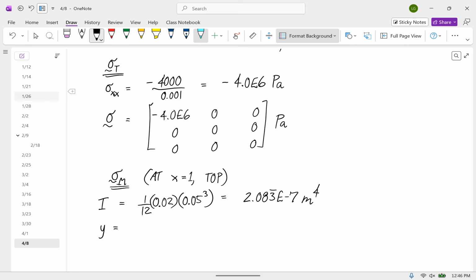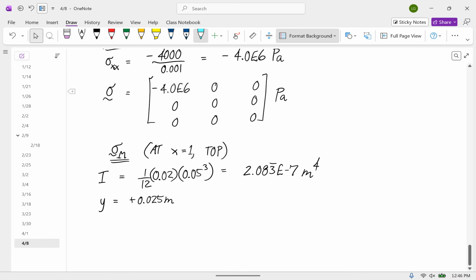Positive, yep. So y is equal to positive 0.025 meters. And then the bending moment is 1,000 times x. We want it at 1, so this is just 1,000 Newton meters.